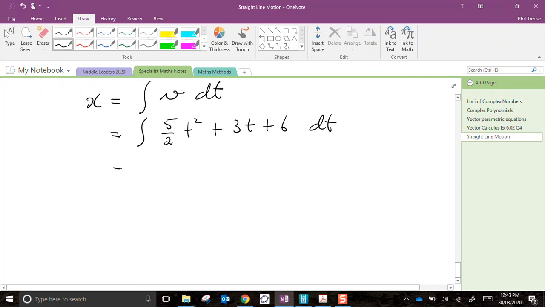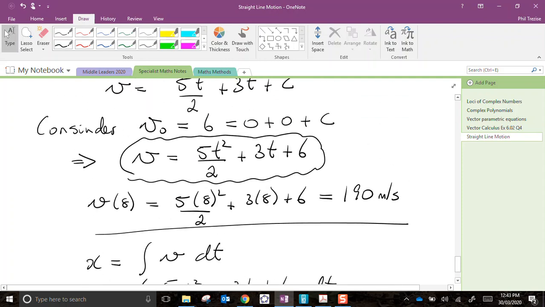Don't forget the dt. So the 5 over 2, the constant will sit there. I'll have t cubed over 3. Now I have 3t squared over 2 plus 6t plus a constant of integration.